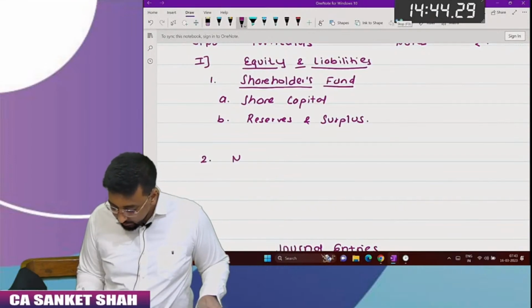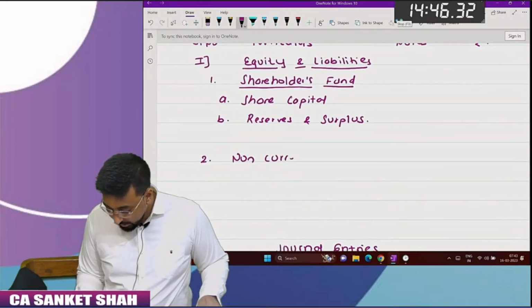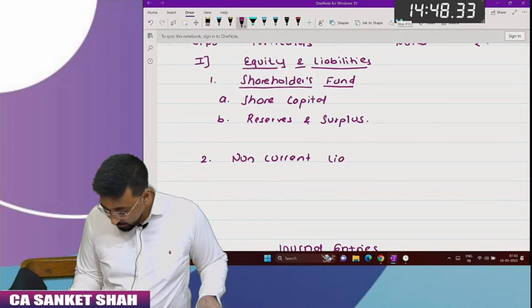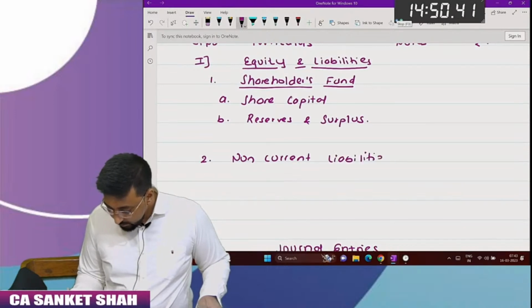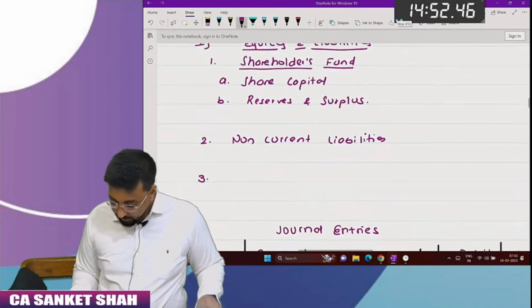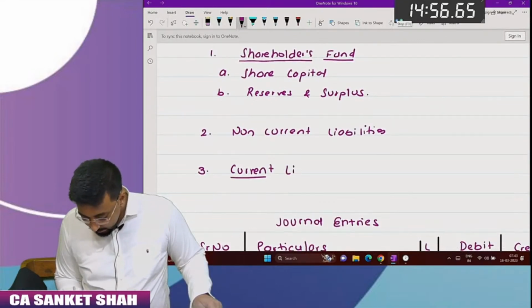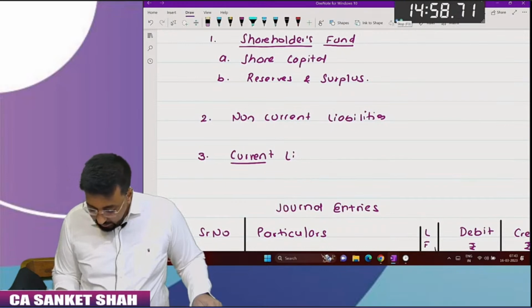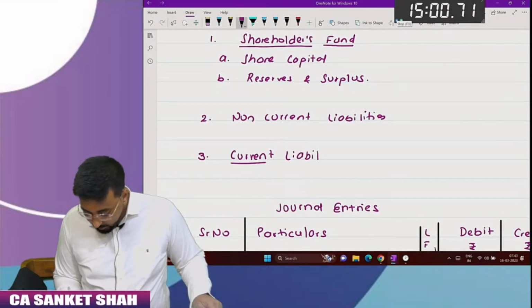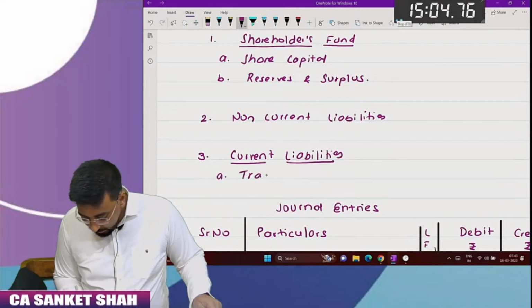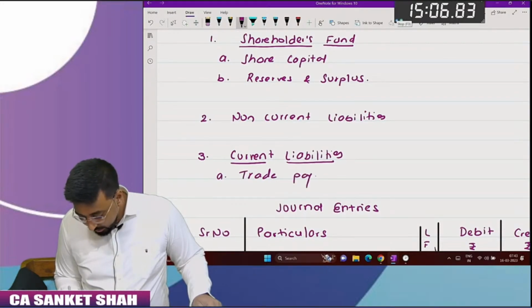Second, non-current liability. Third, current liability. Under that beta, A, trade payable.